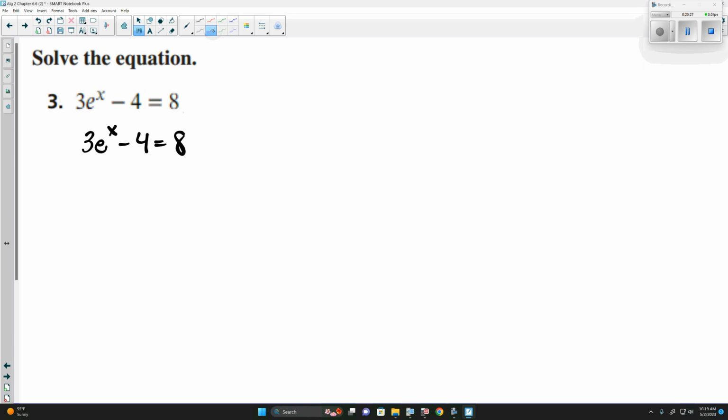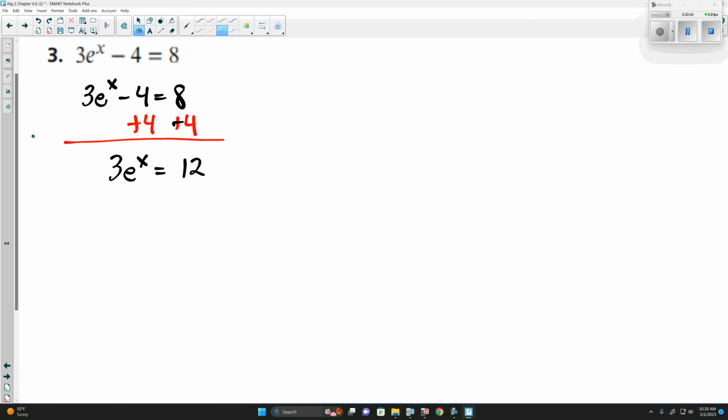So what can we do first to get e by itself? Add 4 to both sides. What next? Divide by 3. And when we divide by 3, it's telling us that e to the x is equal to 4.